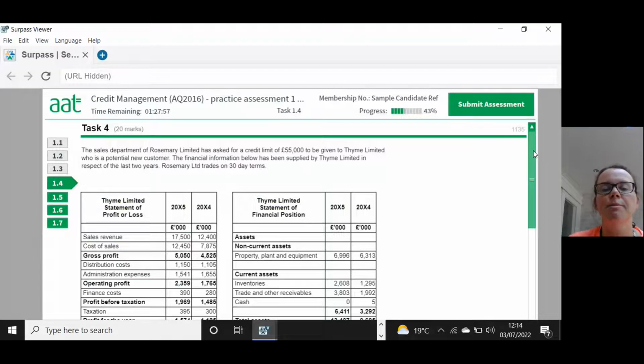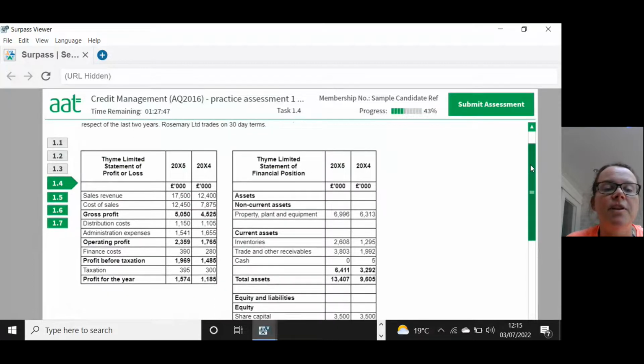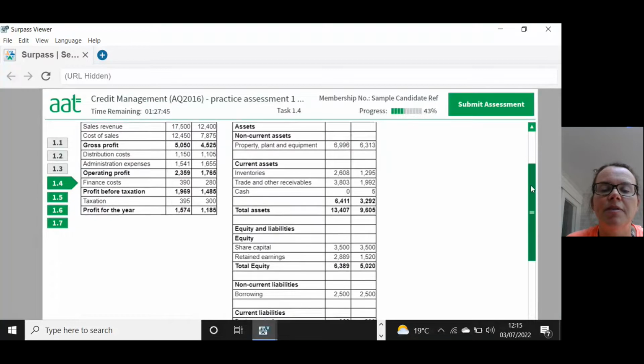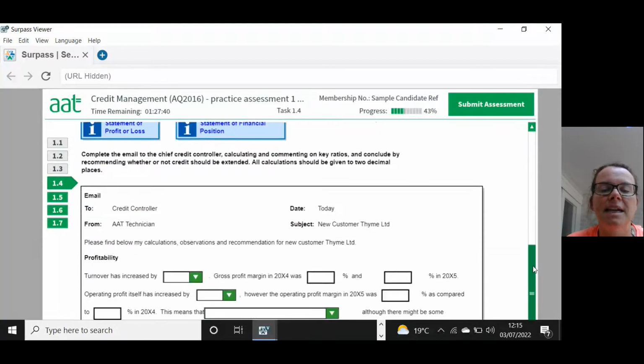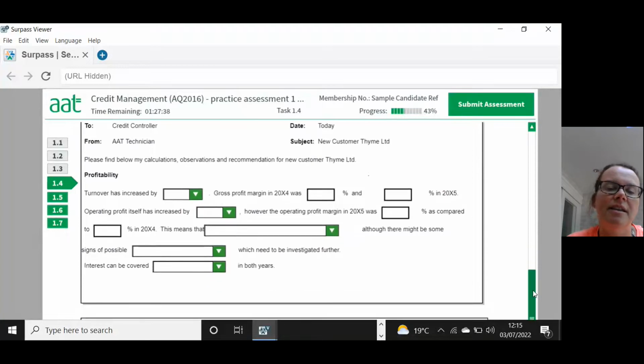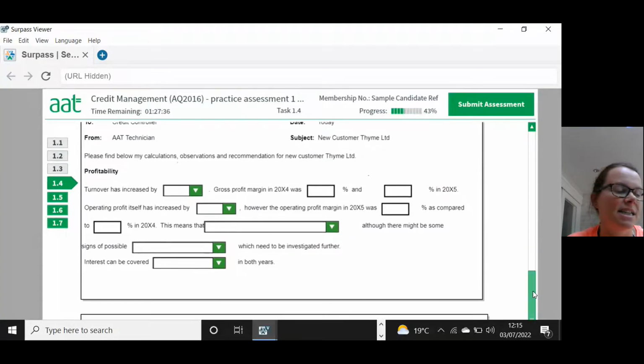The financial information below has been supplied by Time Limited in respect of the last 2 years. Rosemary Limited trades on 30-day terms. So then you've been given the profit or loss and the statement of financial position. And then you basically have to go through and complete this.